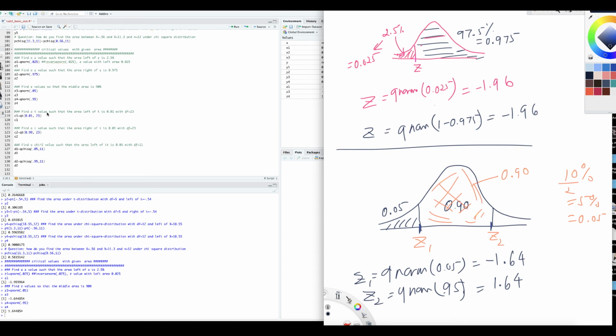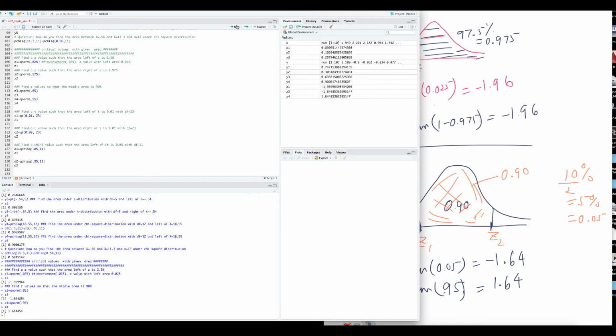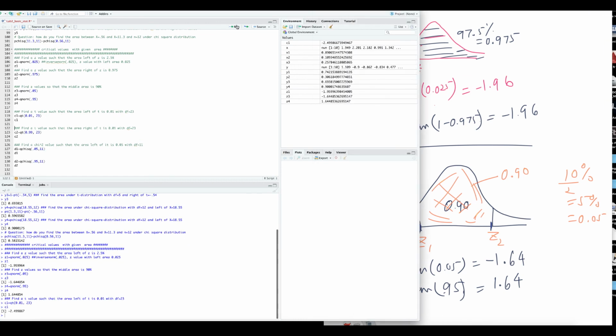Now let us find a t value, similar to the Z. Previously you used pt, now you will use qt. Find a t value such that the area left of t is 0.01 with 23 degrees of freedom. You get negative 2.5.